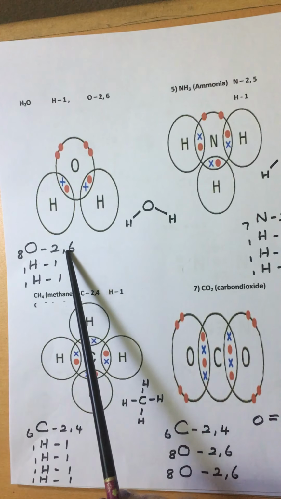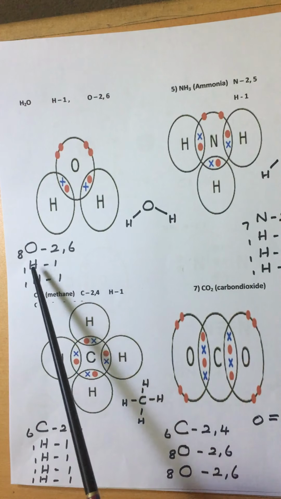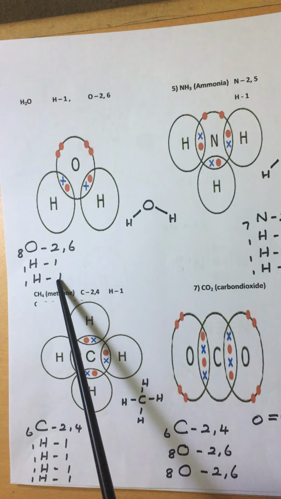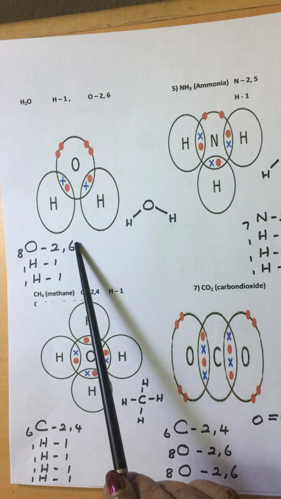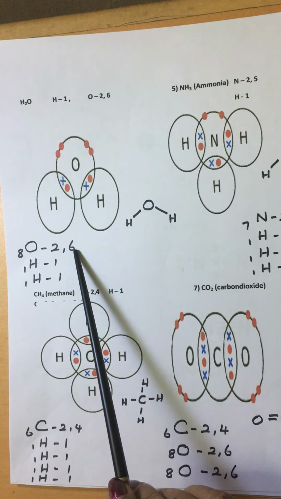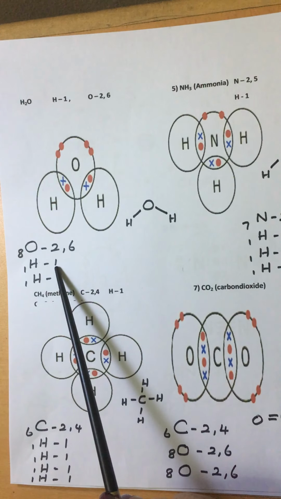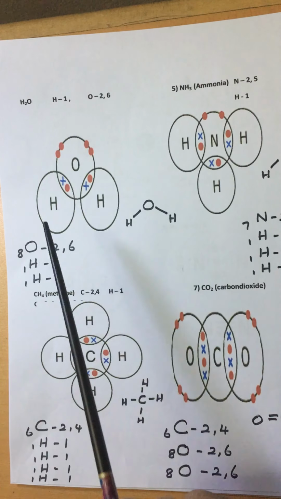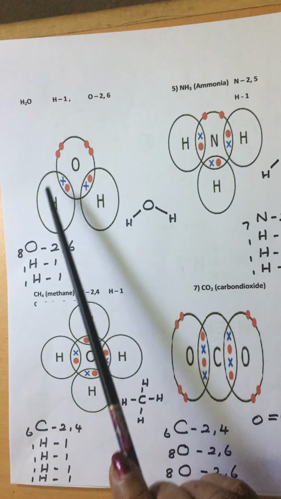So the oxygen needs 2 more electrons. 2 hydrogens are there, each with 1 electron. So each needs 1 more electron. So out of 6, 2 electrons are going to share. So out of 2, 1 is going to share with this hydrogen, the other one with this hydrogen. Right? So you have to draw the oxygen in the middle, with hydrogens on the sides.